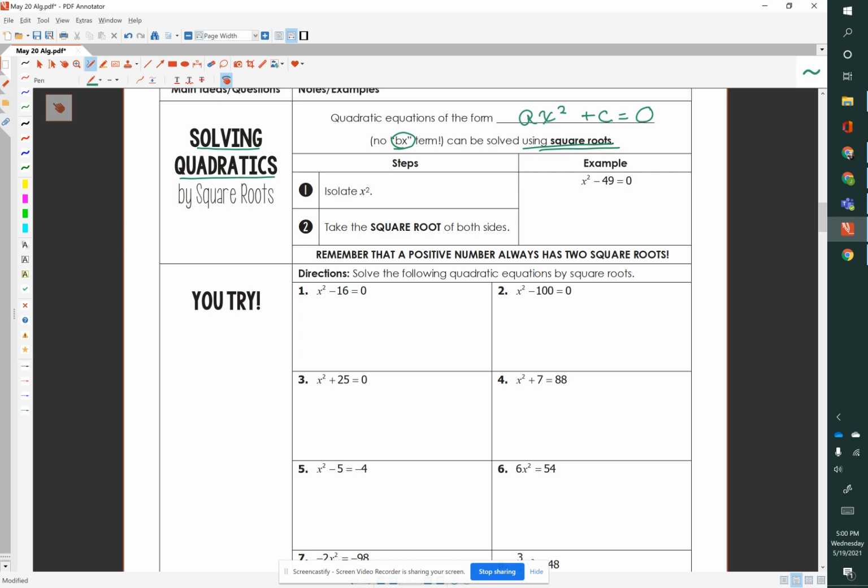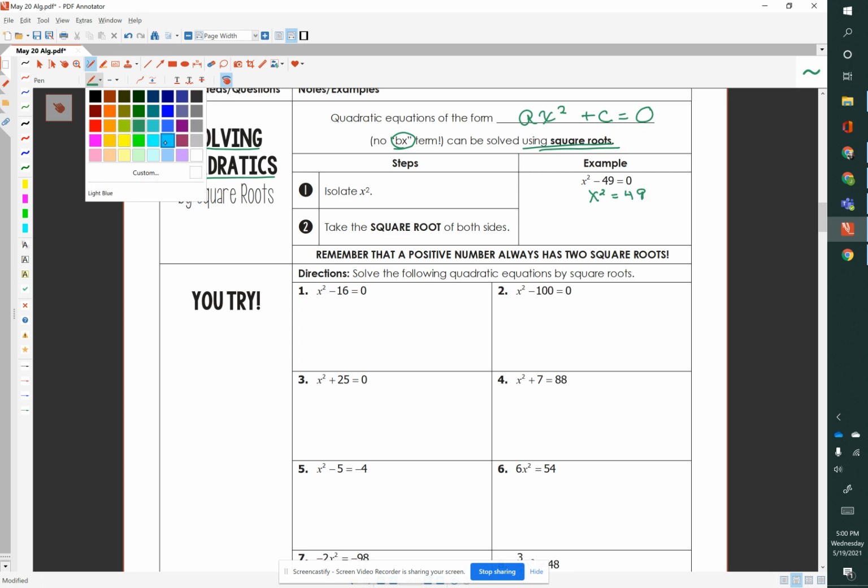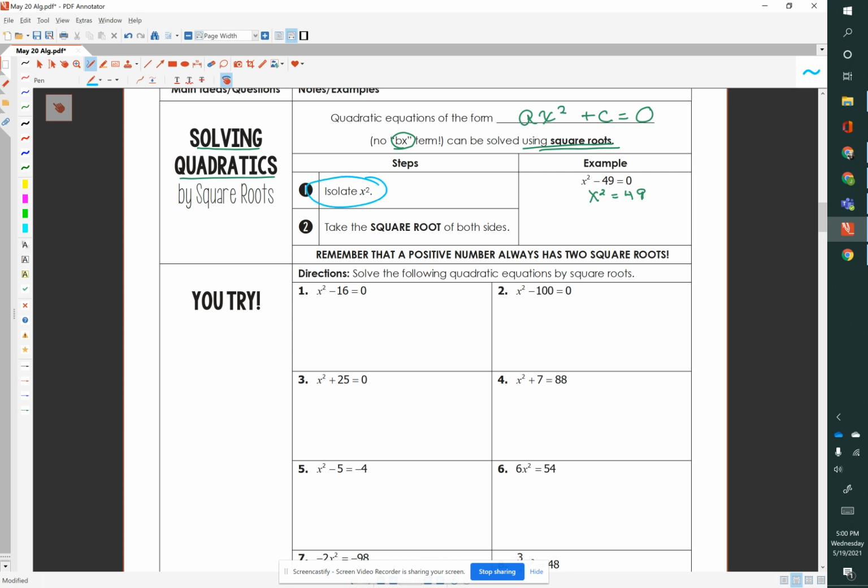So we have our first example, x squared minus 49 equals 0. We'll add 49 to both sides so that we end up with x squared equals positive 49. And we'll talk about what happens if that ever becomes negative. So now what we want to do is take the square root of both sides in order to isolate x squared and then isolate x.